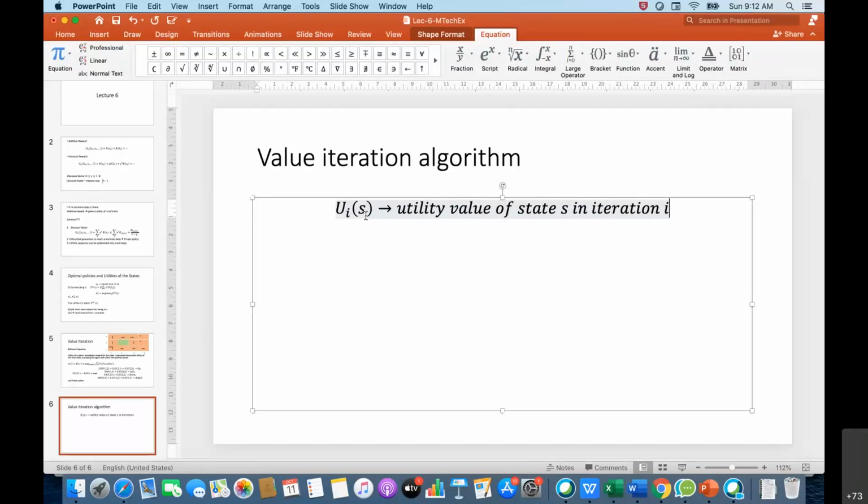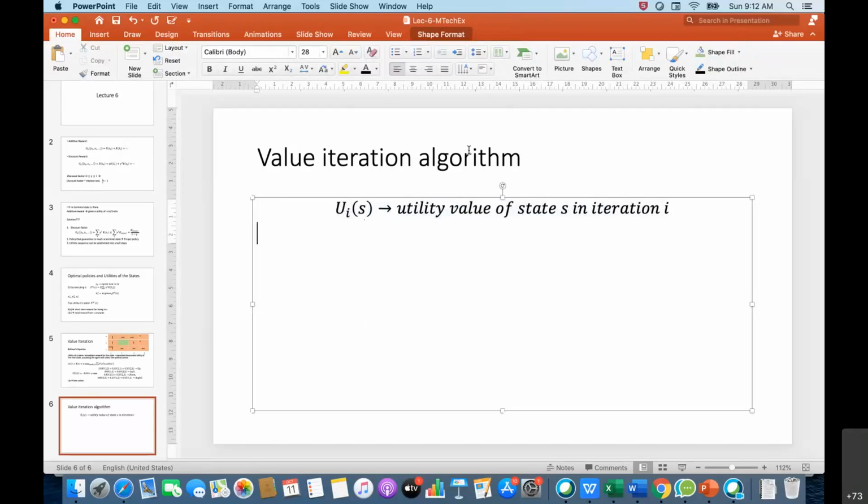Okay? So this is what it looks like. Now with Bellman's equation, we are using the Bellman update.